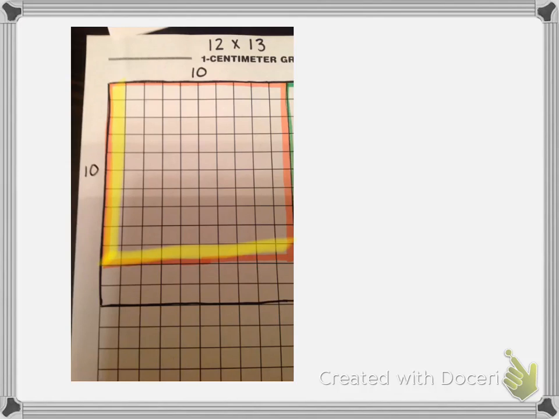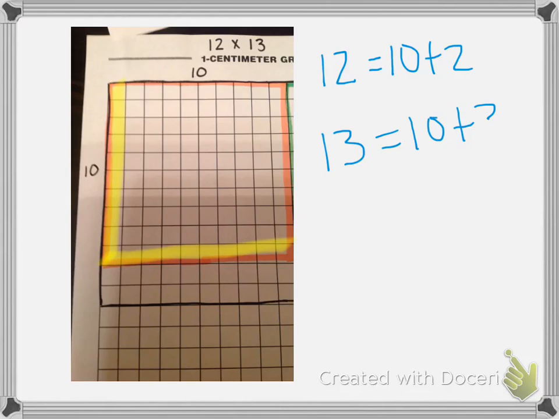The reason that we're doing that is because we are breaking 12 and 13 apart. We know that 12 is 10 plus 2, and we know that 13 is 10 plus 3. So right now we're outlining the section that's the 2 tens. Okay, so do that square.